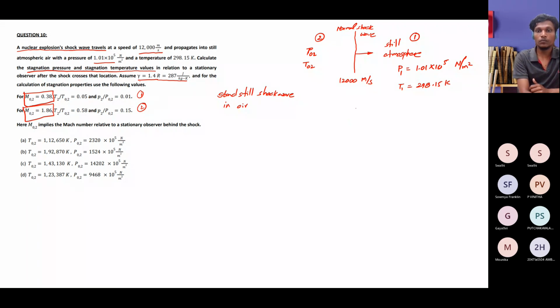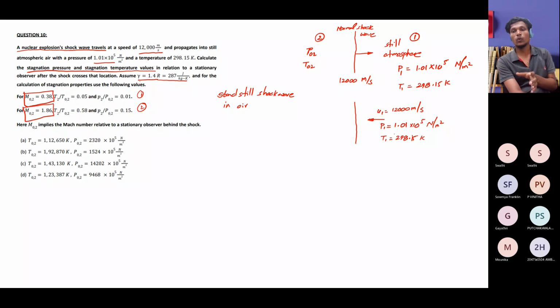Let me clearly write it. A flow is coming at a speed of U1 equals 12,000 meters per second, and its P1 equals 1.01 times 10 to the power 5 Newton per meter square, and T1 equals 298.15 Kelvin.